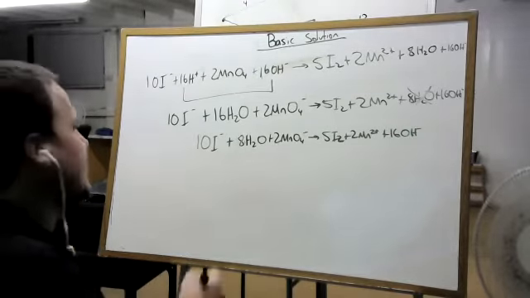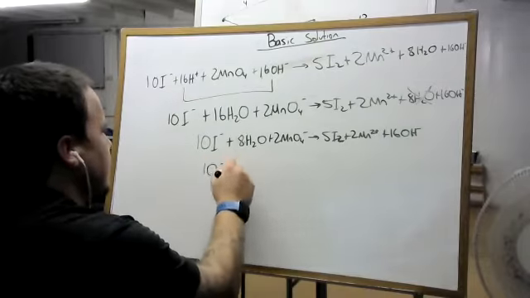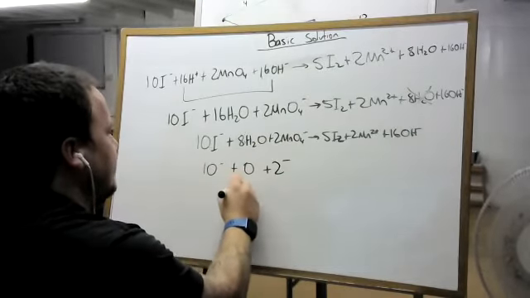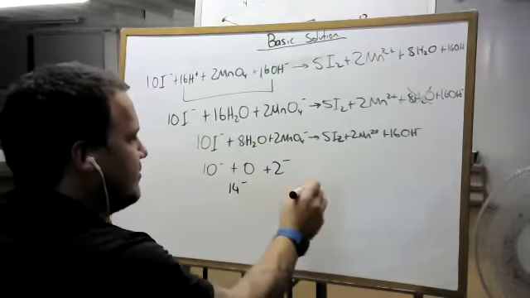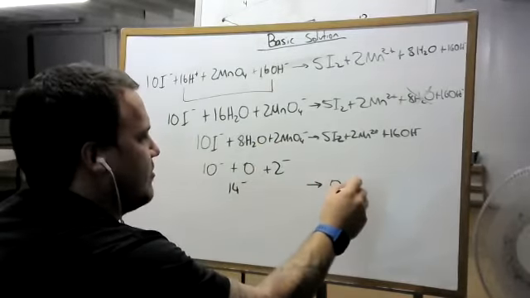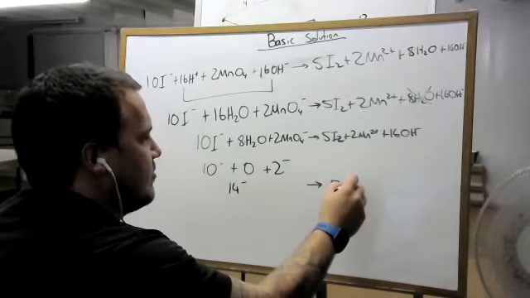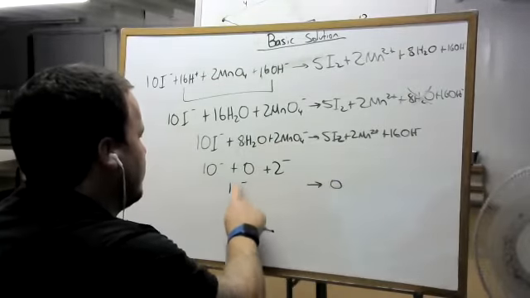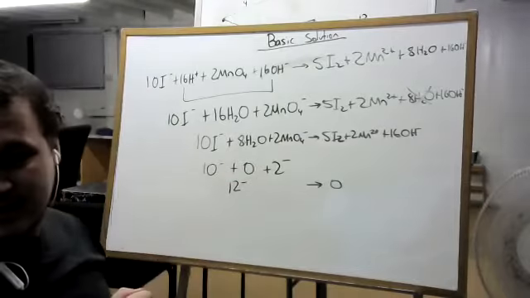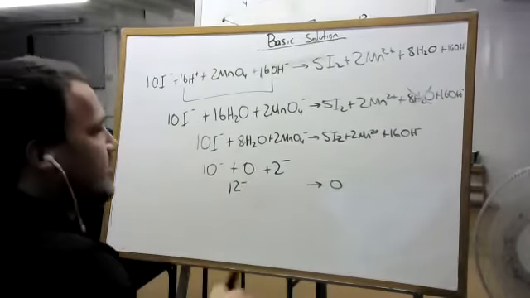We've got 10 minus plus 0 plus 2 minus. So we have a 14 minus charge on this side. We have 0. We have a 12 minus charge on the left-hand side. I can't count.